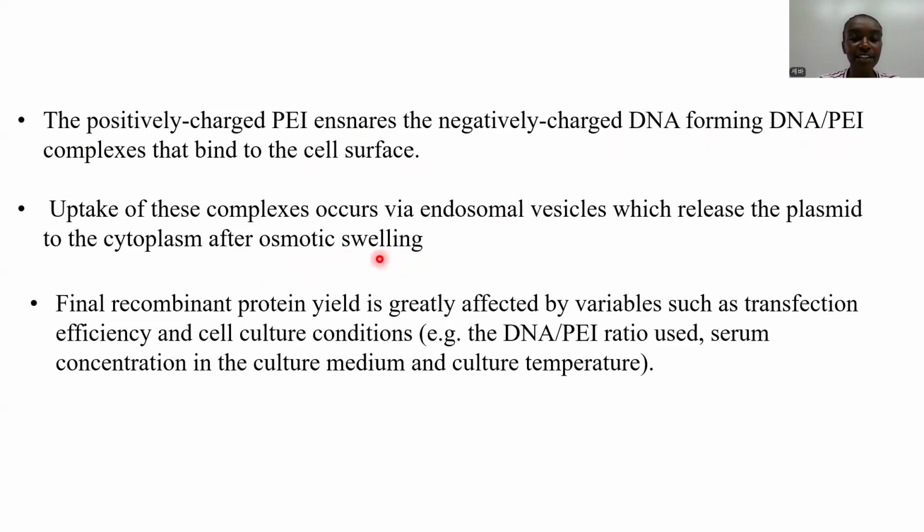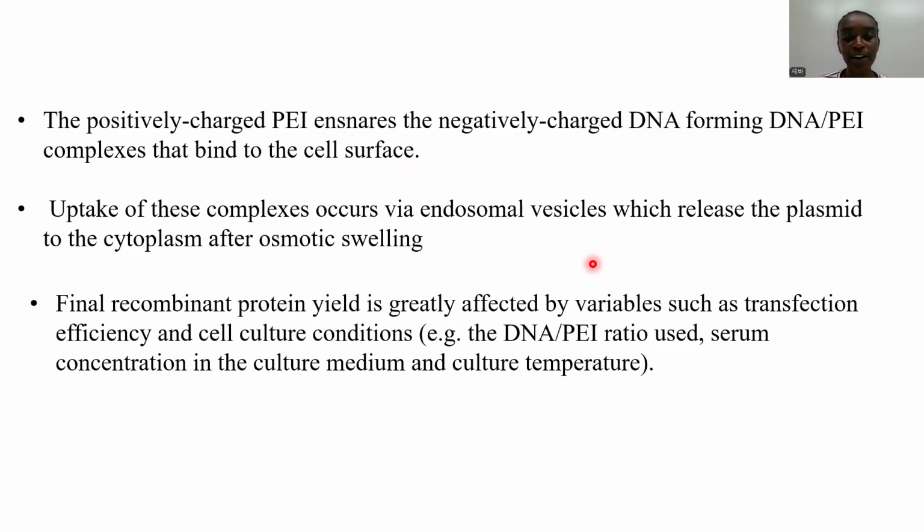So usually the final recombinant protein yield is affected by variables even after the transfection, and hence the need for understanding how the cell culture conditions affect the protein yield at the end of the experiment and even after the downstream purification processes.